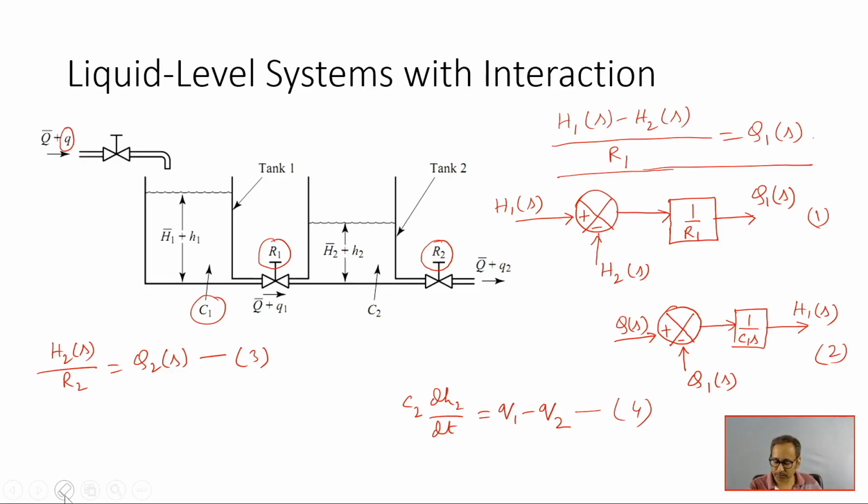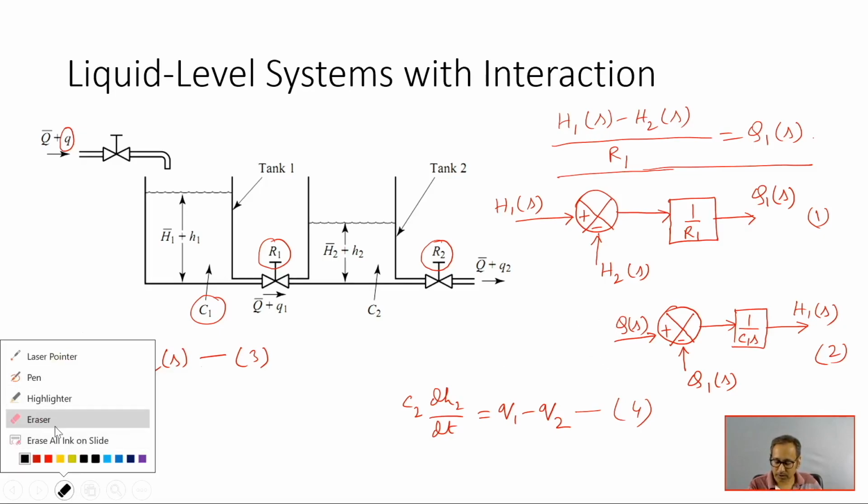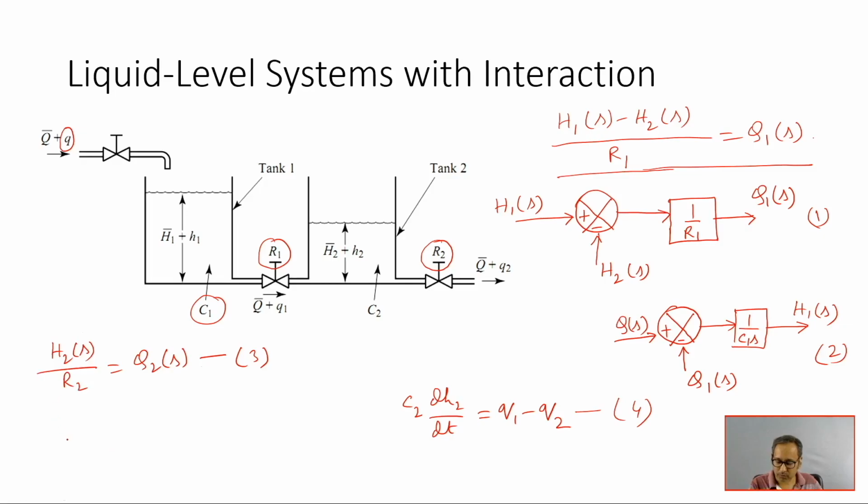So, what is the block diagram corresponding to this? That is, H2(s) is multiplied by 1 by R2 and this output you will get Q2(s).